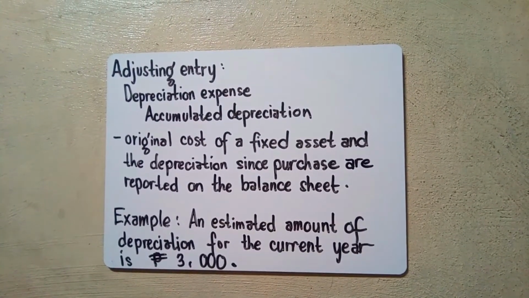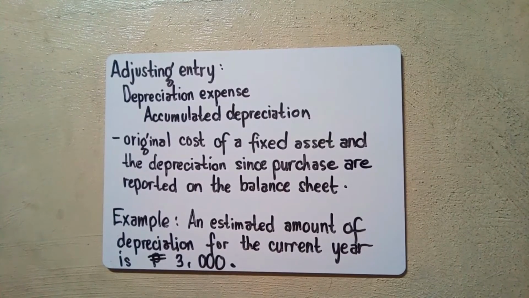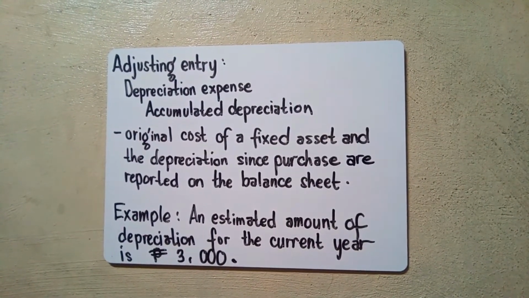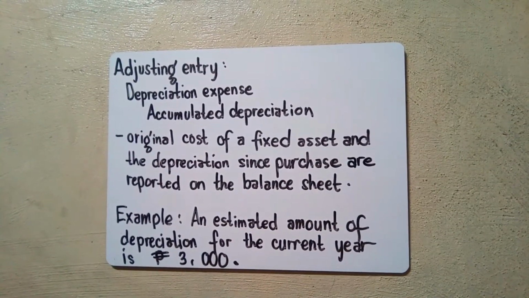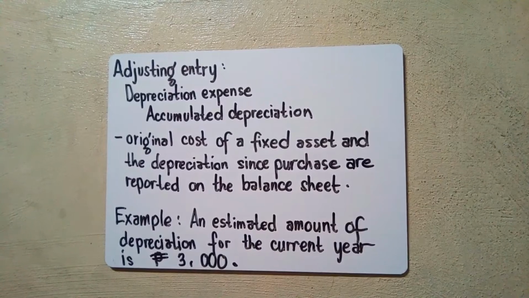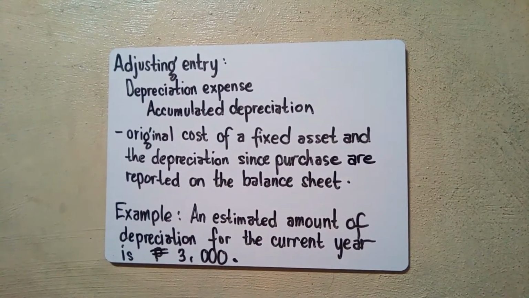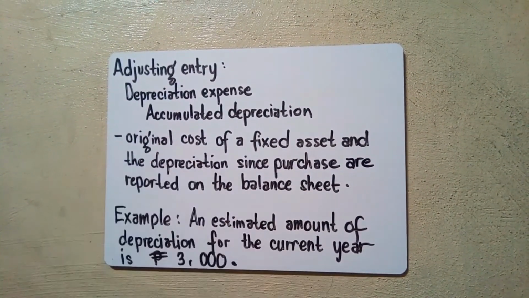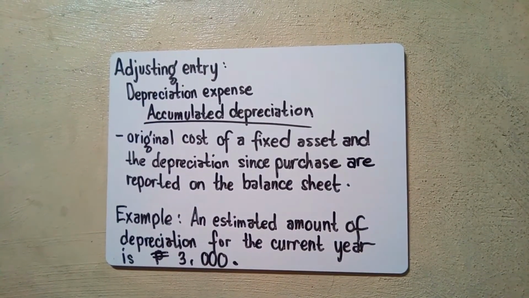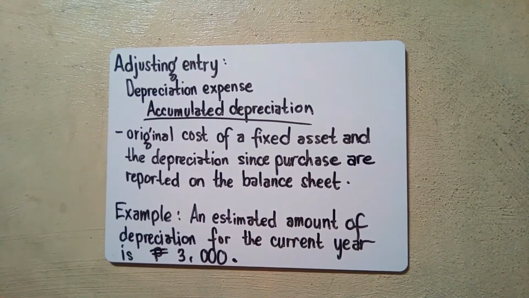Why accumulated depreciation? It is because the original cost of a fixed asset and the depreciation since purchase are reported on the balance sheet. So we cannot decrease the amount of the fixed asset. That is why we are using a new account, which is the accumulated depreciation, to record the amount of depreciation expense.